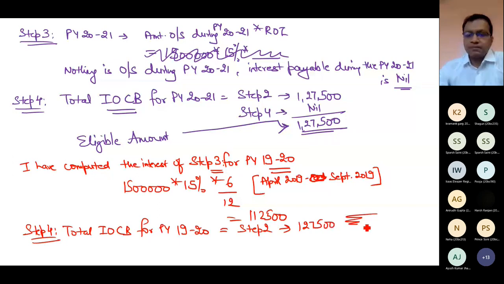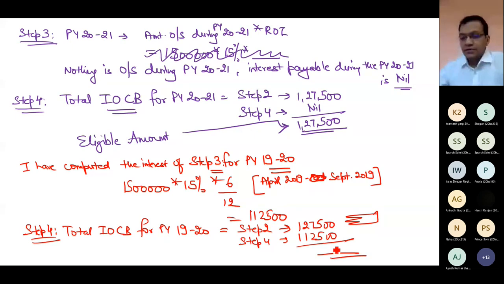In 1920, this much interest of that year will be allowed, 112,500. In 1920, the total interest eligible for deduction was 240. I have calculated it. But why will I compute the interest in step 3 for all the years? Income tax is a yearly subject.